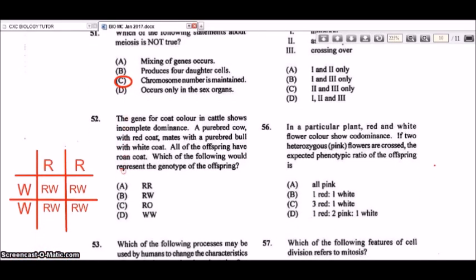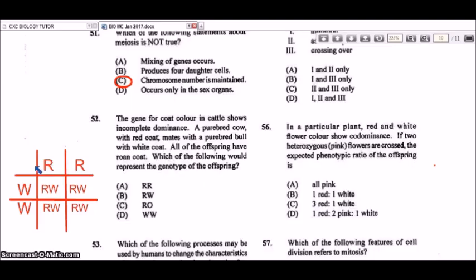Question 52. The gene for coat color in cattle shows incomplete dominance. A purebred cow with red coat mates with a purebred bull with white coat. All of the offspring have roan coat. So roan is the mixture of the white and the red. So which of the following would represent the genotype of the offspring?